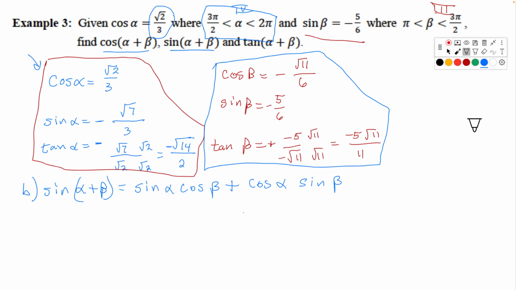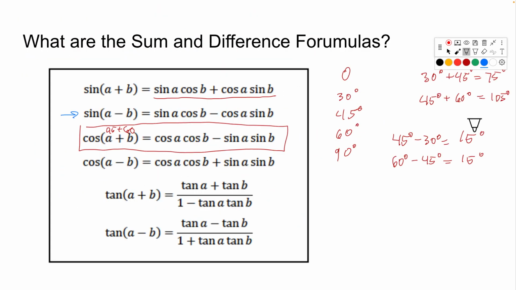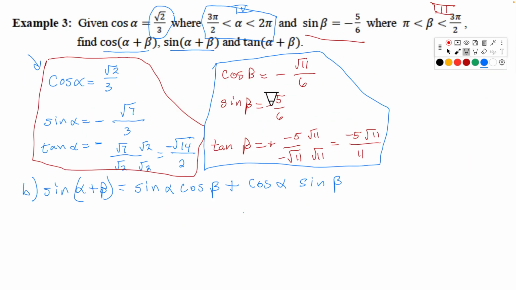And again, just because I'm a rookie at this, I want to go back and check: sine of A plus B, sine A cosine B, cosine A sine B. Okay, so make sure I got my formulas right. I do.